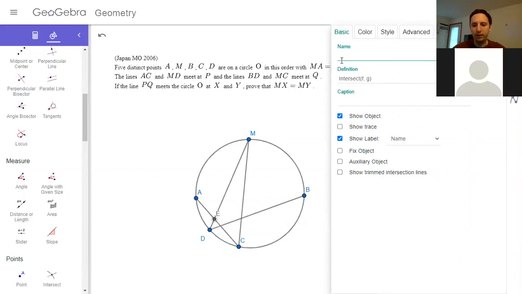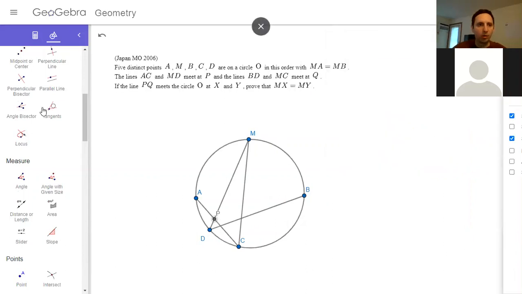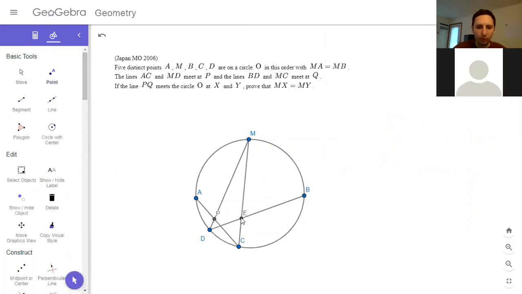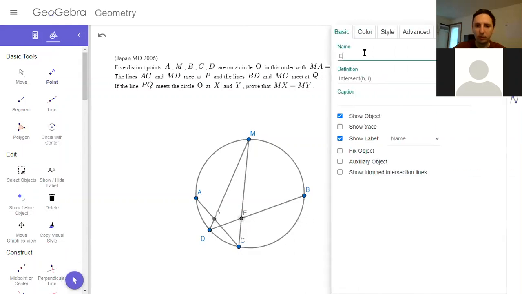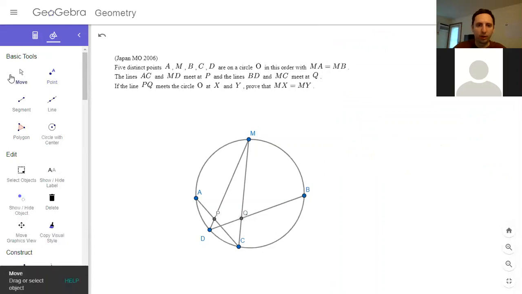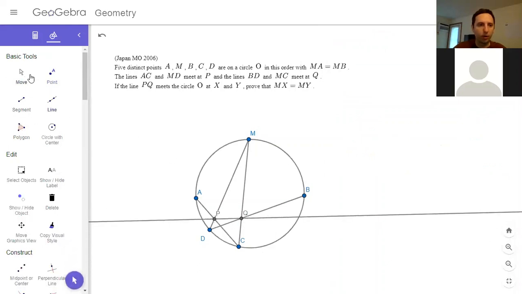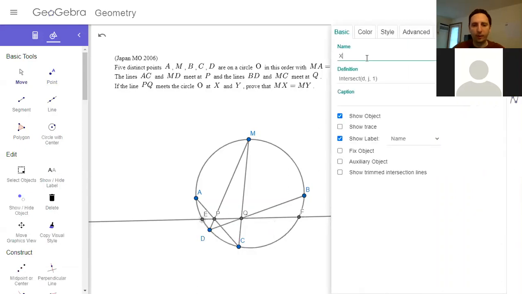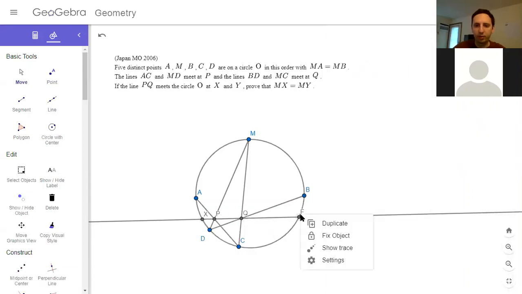Call it P. Call that Q. Okay, and then it says if the line PQ meets the circle at X and Y, then we want to show MX equals MY. So that's the same as saying that AB and XY are parallel, basically.